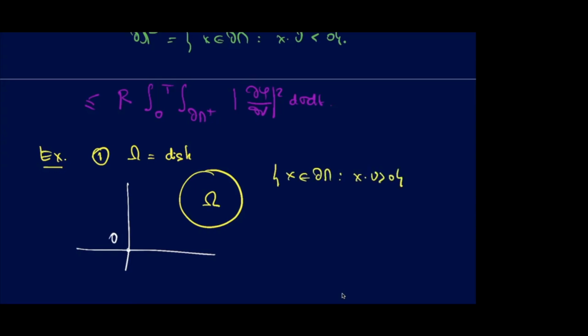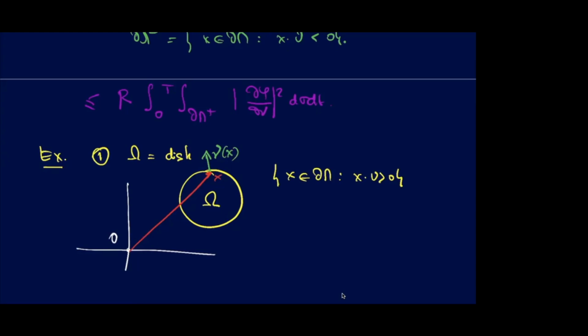In order to check when this sign is positive, you have to take any point on the boundary and draw the exterior normal vector, and then compute the scalar product with the vector x. So this is the vector x joining 0 with the point on the boundary where you stand, and this is ν(x), the exterior normal vector.